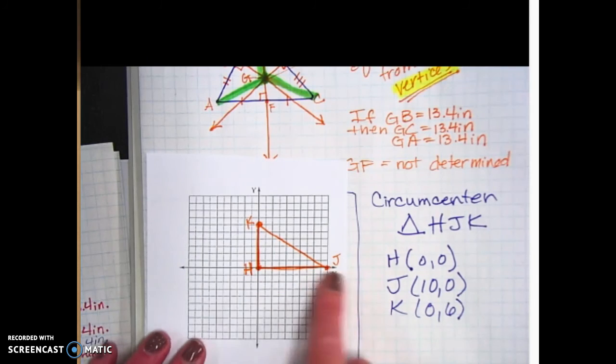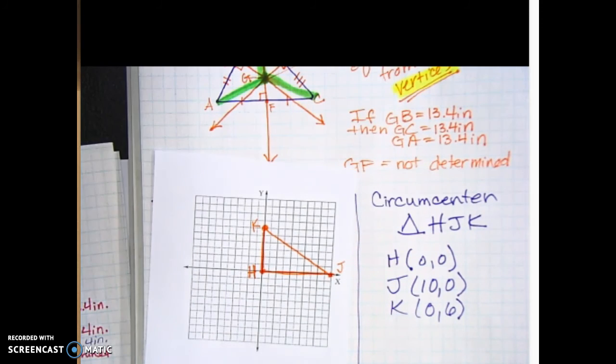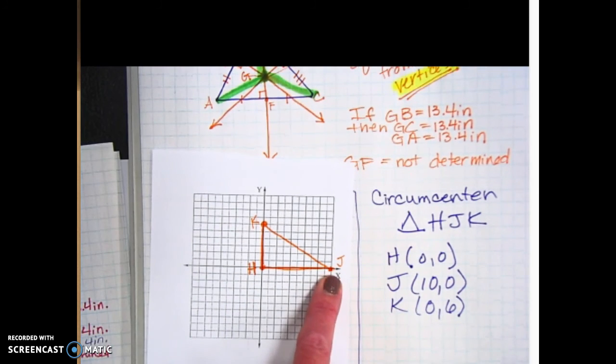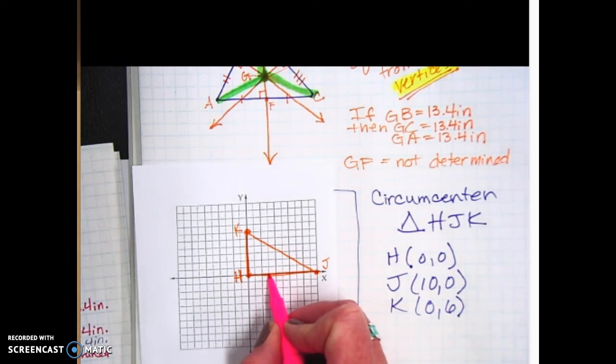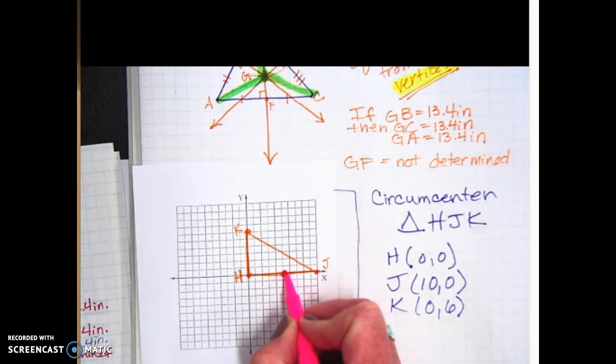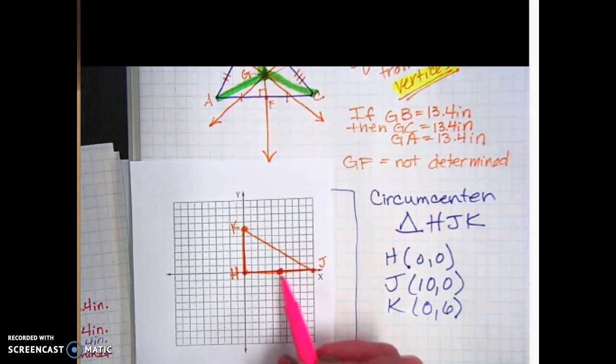So let's do side HJ first. How long is HJ? 10. Because that points at 10, 0. Okay? So what's halfway? 5. So we're going to count over 1, 2, 3, 4, 5. And we're going to put a point. That's the midpoint.